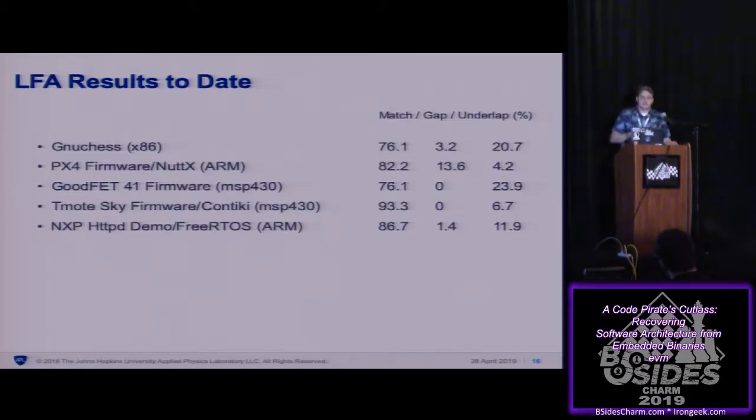Actually, all of these are open source, and the way we did that is we took the source, built the binary, and in the process of building the binary, got the map file. So that's the ground truth map file. And then we run our code on the binary without the benefit of the map file. Our code essentially tries to guess a map file, and then we just compare the two map files. That's how it's done.